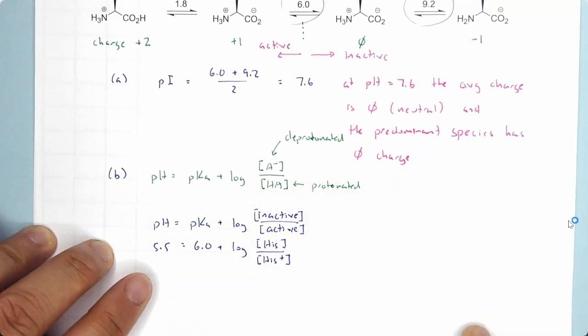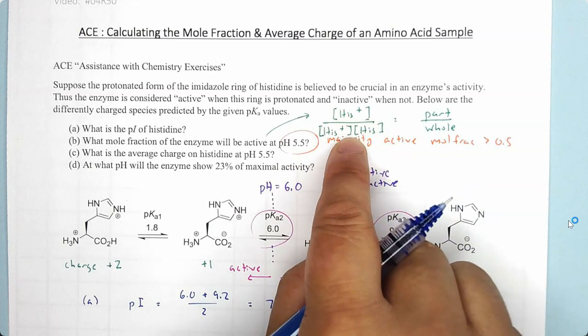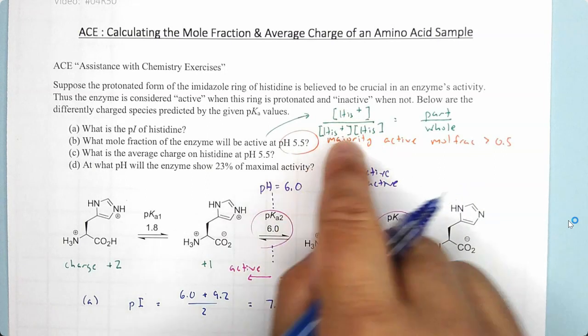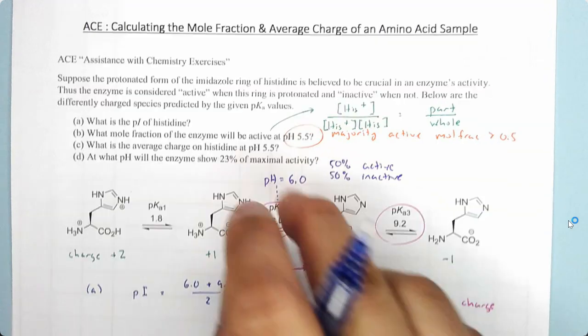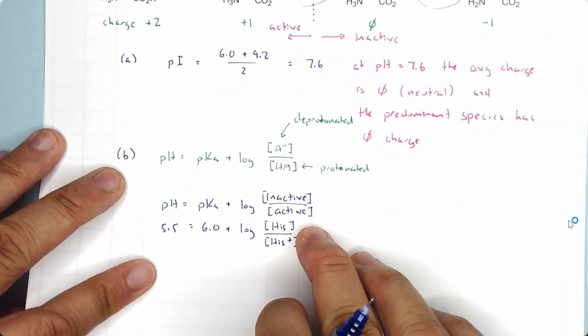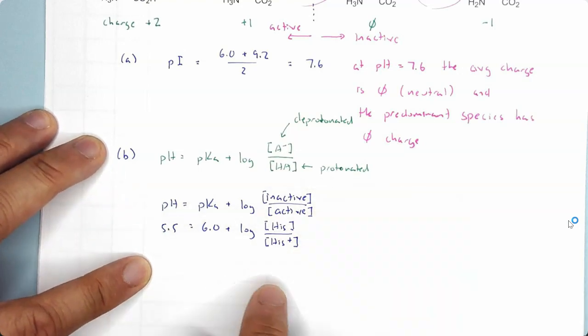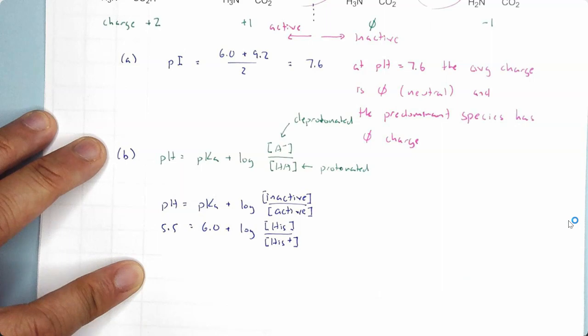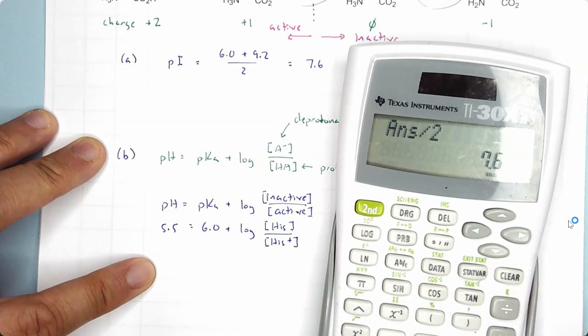And so we're close, but we're not quite at the mole fraction equation, right? Part over whole. And also, we want the mole fraction of active, not the mole fraction of inactive. So we're going to take the inverse at some point. When you do the math, what's the math? Try to find places to save time.